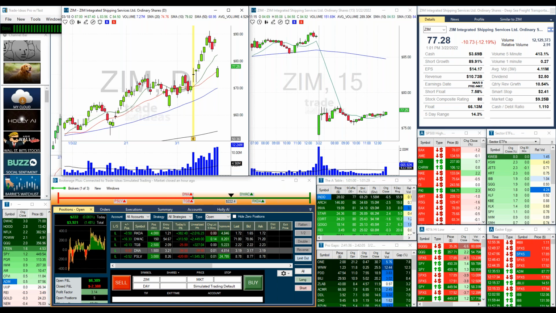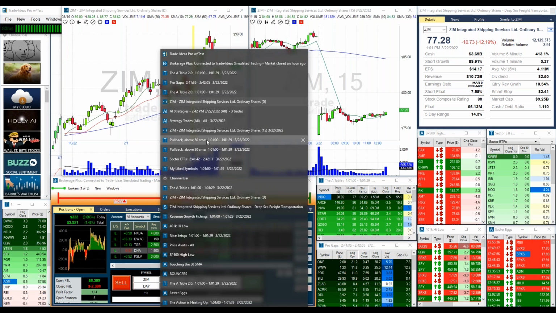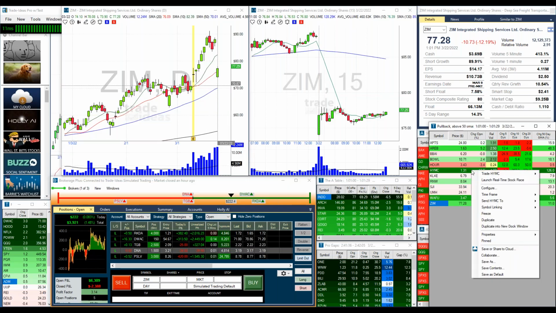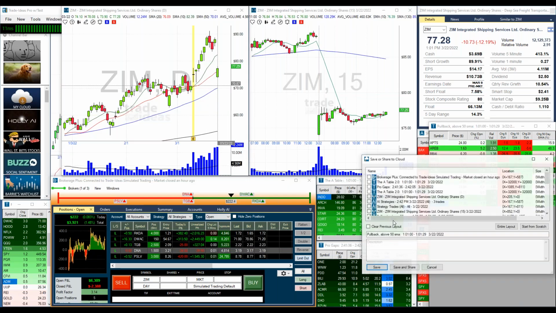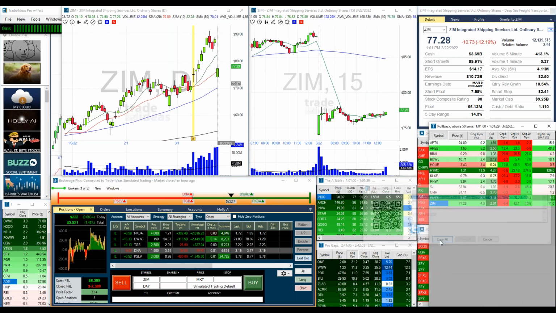What's the time frame for the pre-built scan on Market Explorer? Those are going to be daily charts, Paramal, but I think he's going to also be starting to do some intraday stuff. Somebody saw these two scanners and was curious about them. So we'll do pull back to the 50 SMA and pull back to the 20 and share those, and then we'll look at some charts.